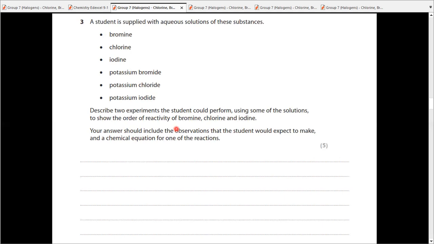If you read the second last line of this question, and I'm going to quote it to you, your answer should include the observations that the student would expect to make. So this time, we're also going to talk about colors. What would be the color change in the experiment you just told me?